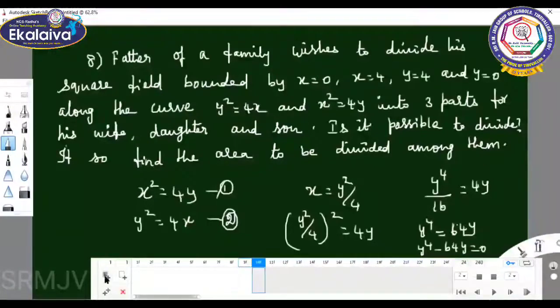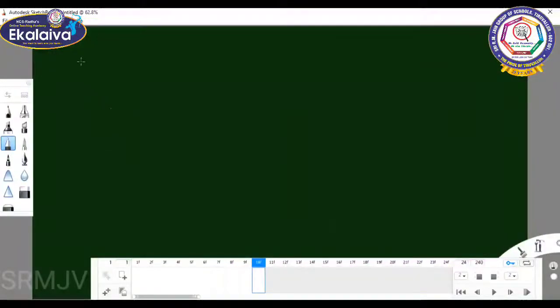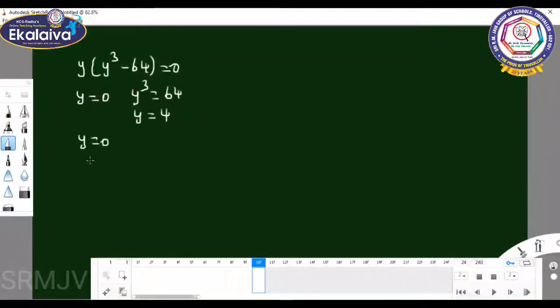Take y commonly out. What is the remaining thing? Y cube minus 64 equal to 0. So y equal to 0, or y cube equal to 64, y equal to 4. What about the x value? For y equal to 0, x equal to y square by 4, so x equal to 0.